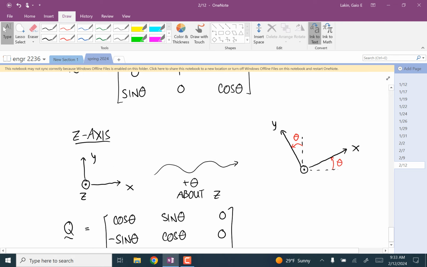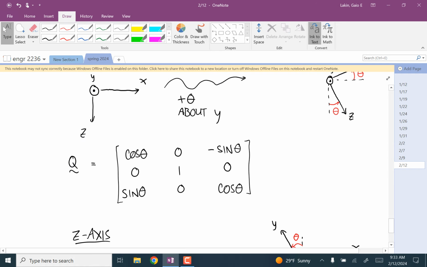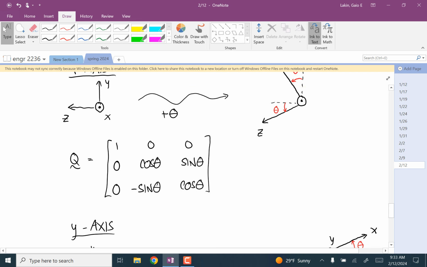One thing to notice about these is that they follow a pattern. Identify the axis that you're rotating about, and that row and column are just going to be a 1 in the diagonal spot that you're rotating about, and 0s elsewhere. This is a rotation about the x-axis, so we have a 1 in the x diagonal position, and then 0, 0, 0, 0.